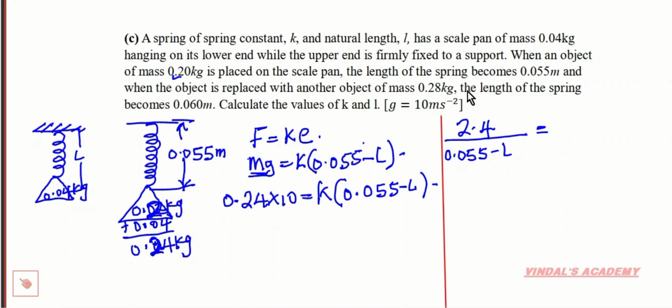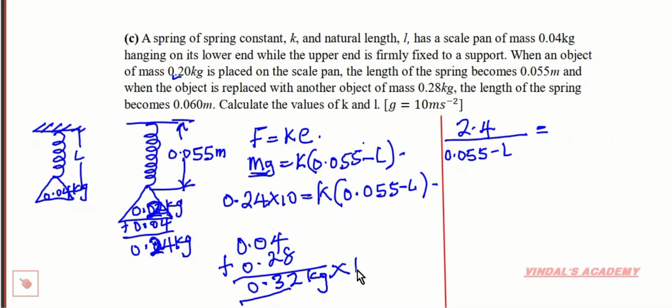It said that when the object is replaced with another object of 0.28, the length of the spring becomes this. So what I'm going to do is 0.04 plus 0.28, which is going to be 0.32 kg.